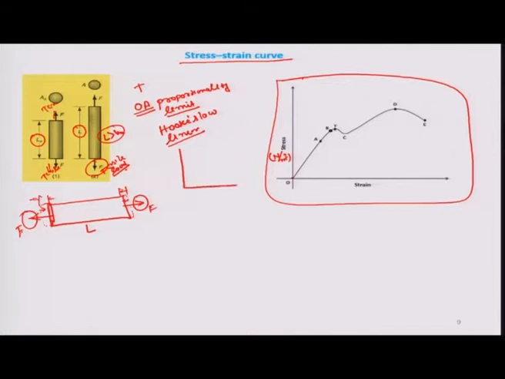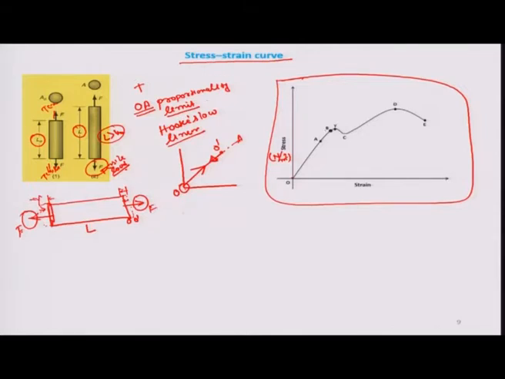It means if you are applying a load and elongation takes place, up to this point, which is somewhere before the point A, and after you stop applying the load, the load will follow the same path and it will come back to the origin. Suppose this is O and this point is O dash, so it will come from O dash to O, that is the proportionality limit.